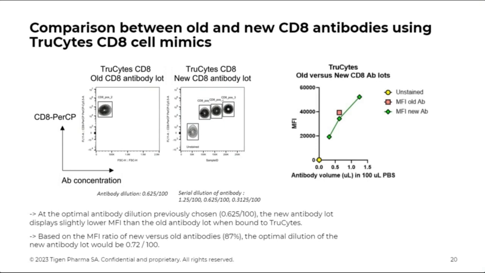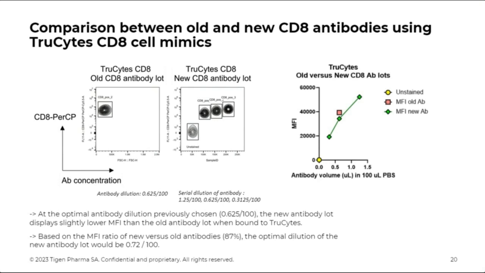And when we plot that in our graph, you can see that this is the MFI on the old antibody, while the green, you see the MFI at the 3 different ratio that we had. So you can see that the new antibody lot has a lower signal MFI compared to the old antibody lot.